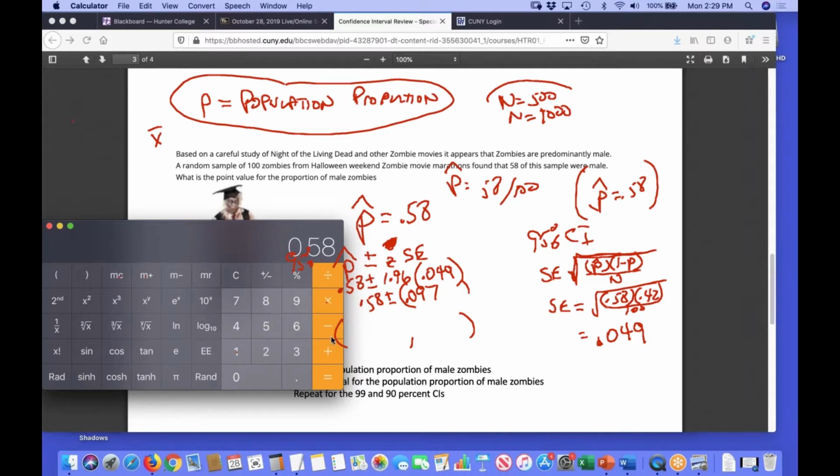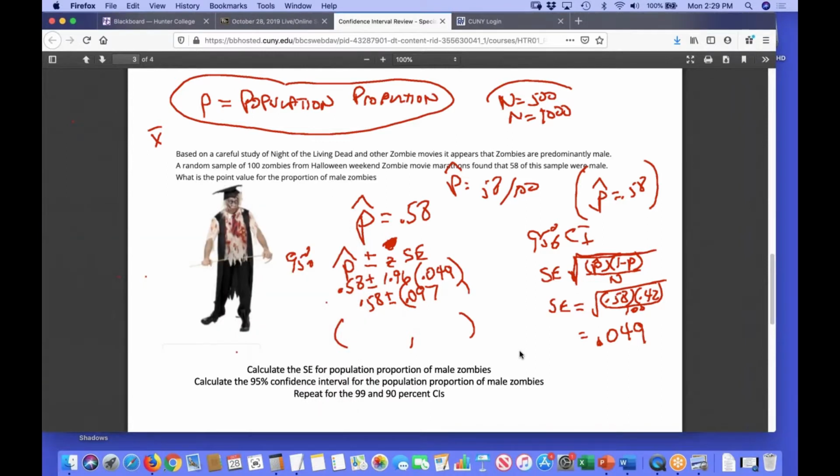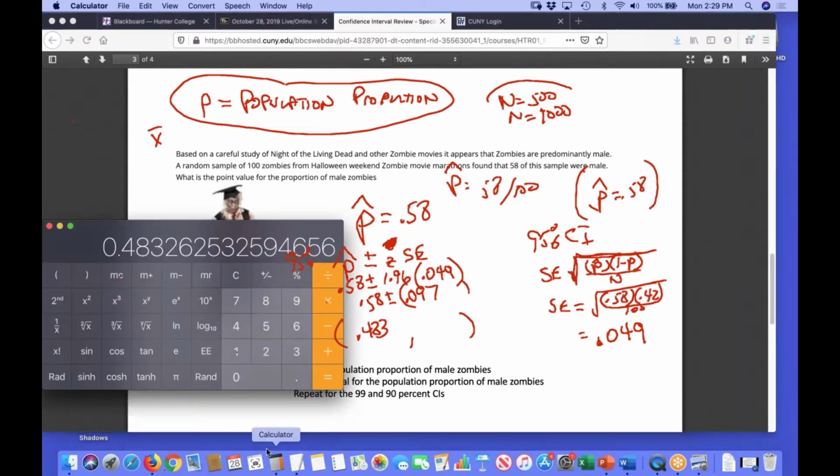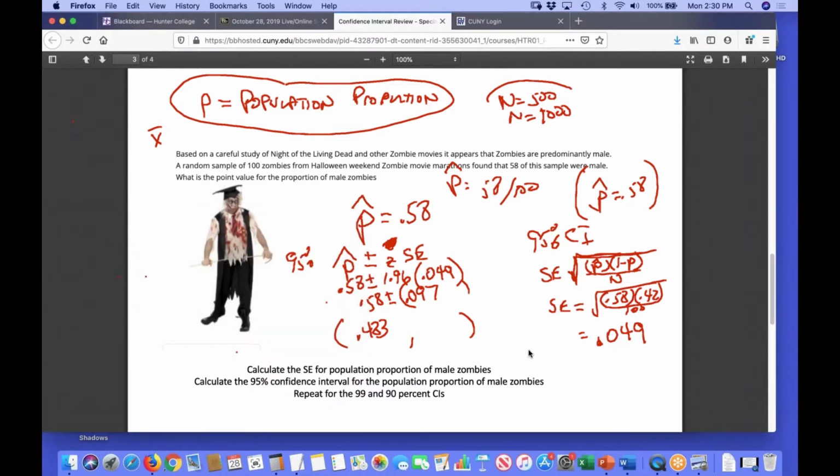0.58 minus my margin of error is equal to 0.483, and my upper limit of my confidence interval, 0.58 plus my margin of error, is going to be equal to 0.677.